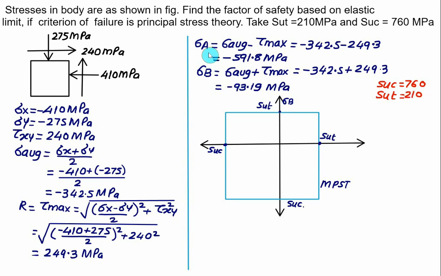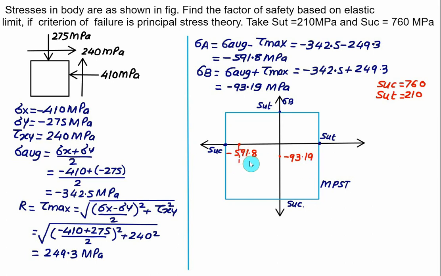So the negative value of sigma a will plot on the left hand side, somewhere here, that will be minus 591.8, and sigma b is also a negative value, minus 93.19, which will be marked somewhere here.